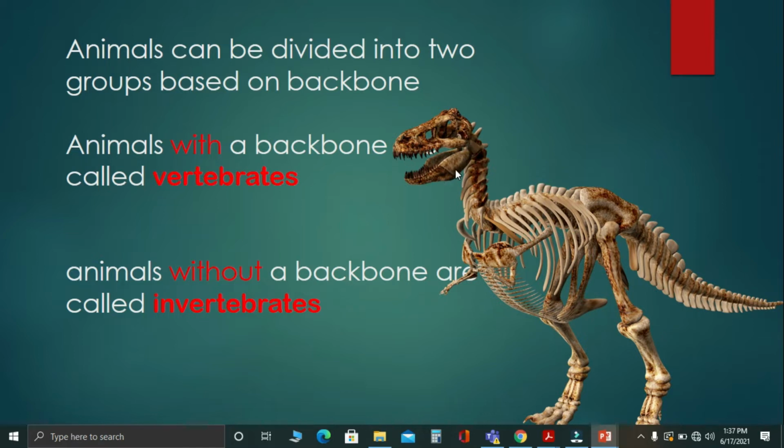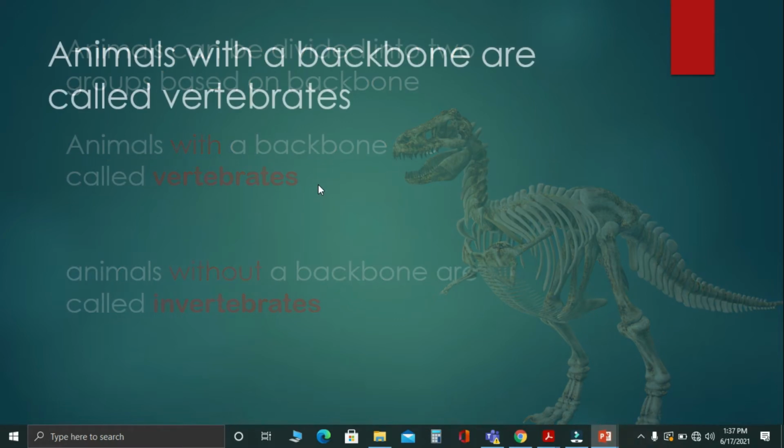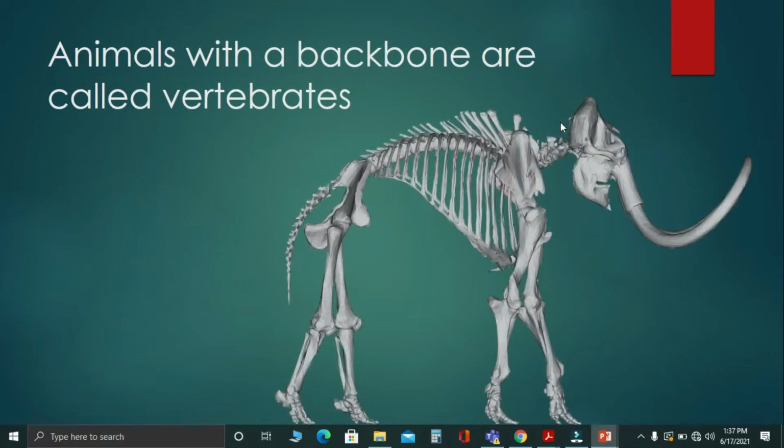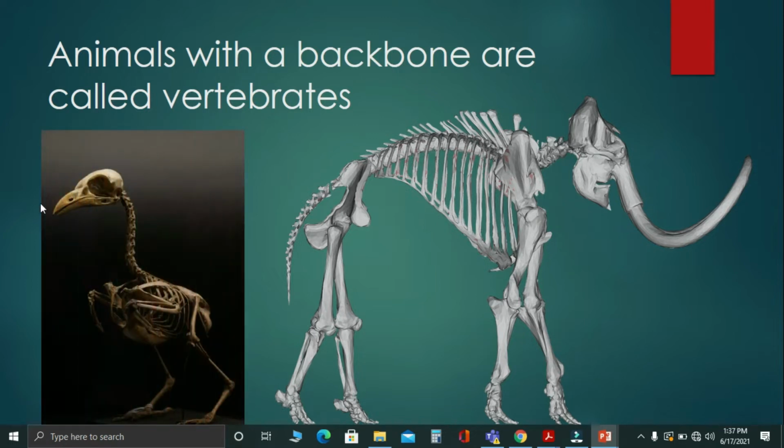So, dinosaur also belongs to vertebrate. This is the skeletal system of elephant, and it also has the backbone. Look at. And this is the skeletal system of a bird. It also has a backbone.